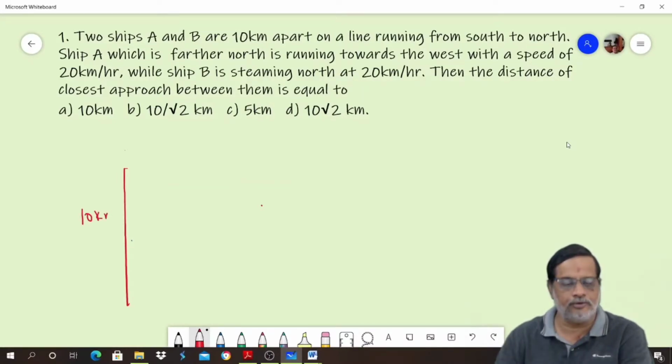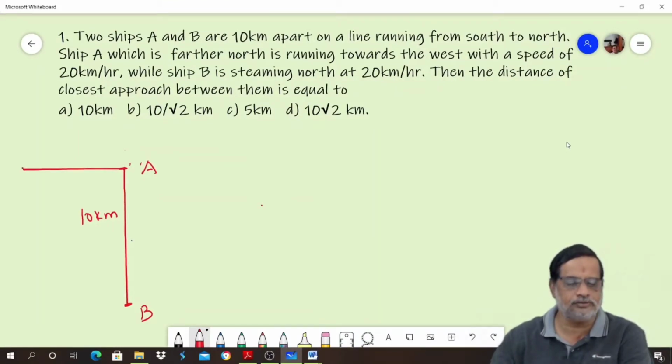This is your ship B and this is the ship A. Now it is mentioned that ship A is running towards the west with a speed of 20 km per hour. So let us draw a line representing the motion of ship A towards the west.